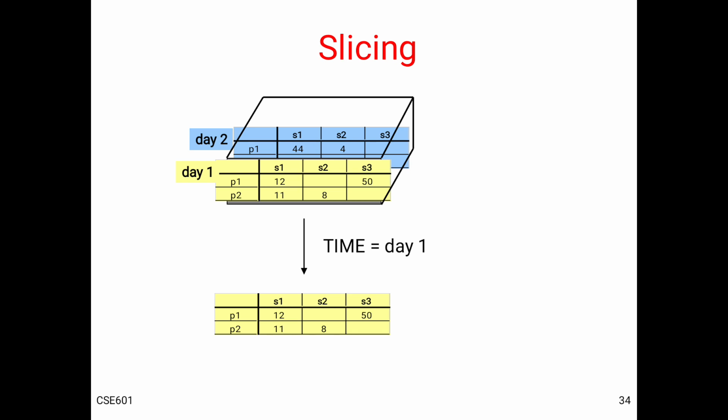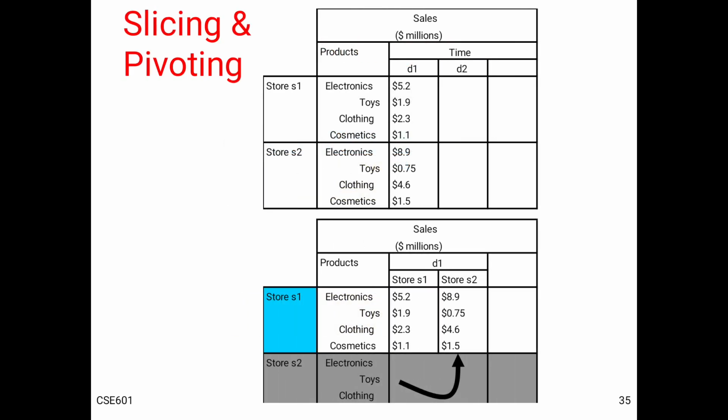In the multi-dimension cube we do a slicing operation, and this slicing operation creates a new cube. Here we take the day 1 cube, and with respect to day 1 we have the division of P1, P2, S1, S2, S3. This is slicing.